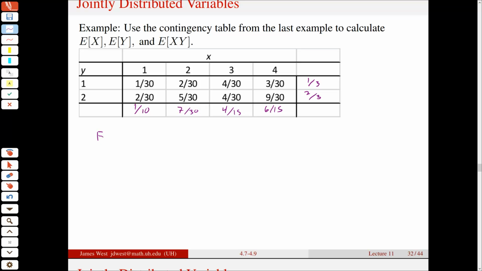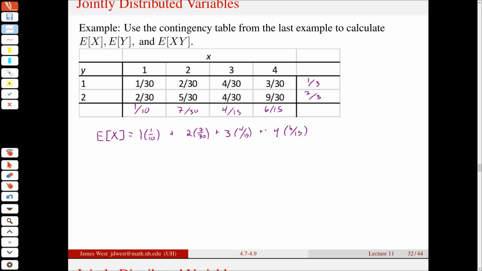The expected value of x is most easily calculated using the marginals. Possible values of x are 1, 2, 3, and 4, and the marginal probabilities corresponding to those are 1/10, 7/30ths, 4/15ths, and 6/15ths.